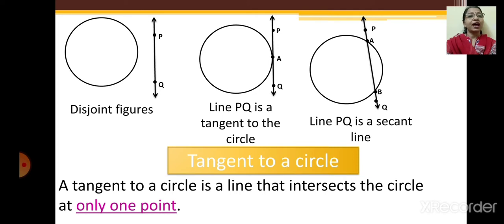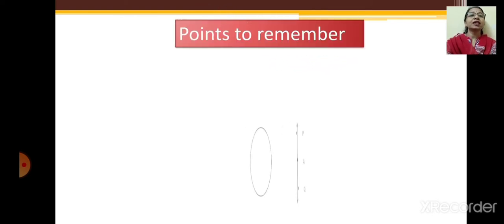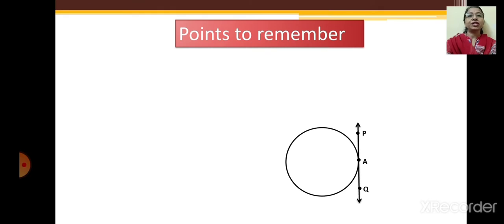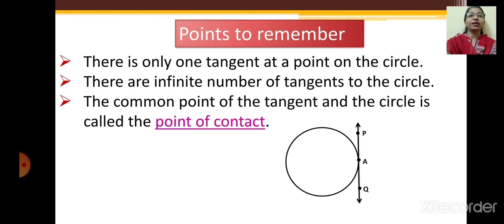A tangent to a circle is a line that intersects the circle at only one point, right? Now let us see some more important points related to this tangent. Point number 1, there is only one tangent at a point on the circle.